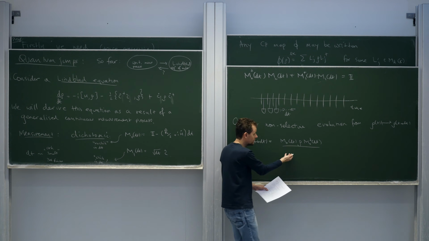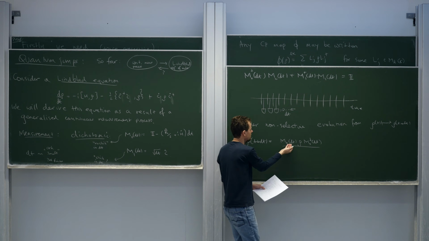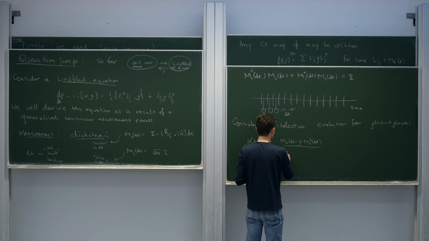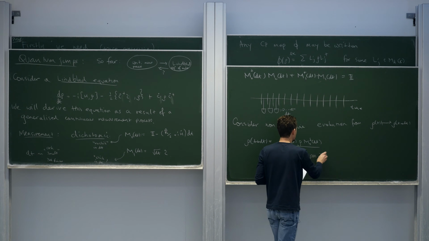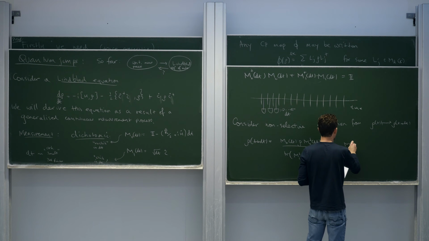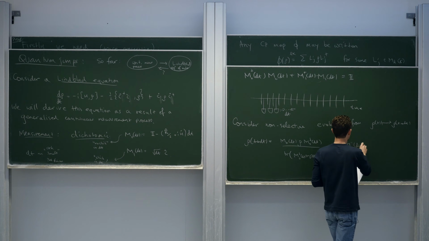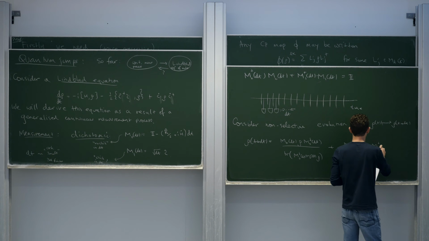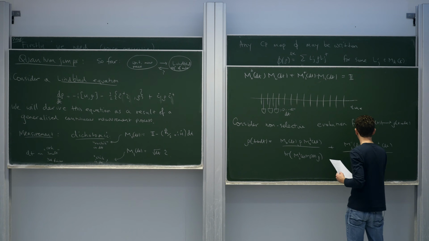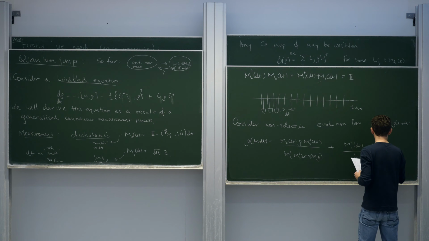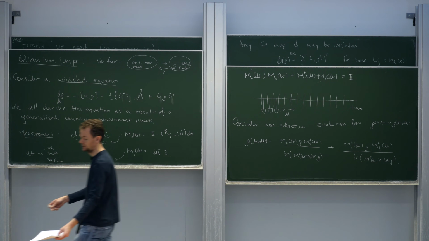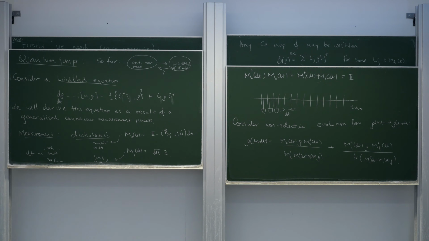And of course, you have to divide by the probability that you got no click, which is a trace. It's a non-selective evolution. We don't look at the result of the measurement.